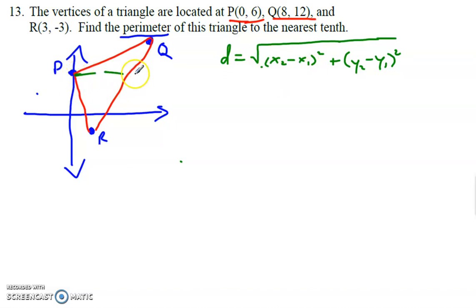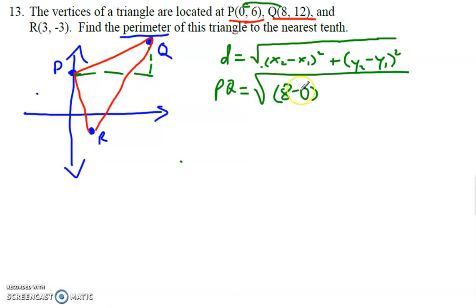So the distance from P to Q is the square root of the difference of the x values, 8 minus 0, so that distance is 8, plus the difference of the y values, 12 minus 6, and then I'm going to square that. So 8 minus 0 is 8 squared, 12 minus 6 is 6 squared.